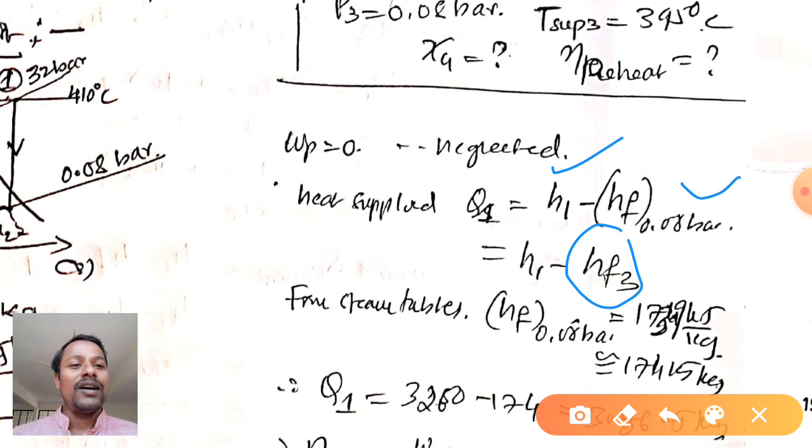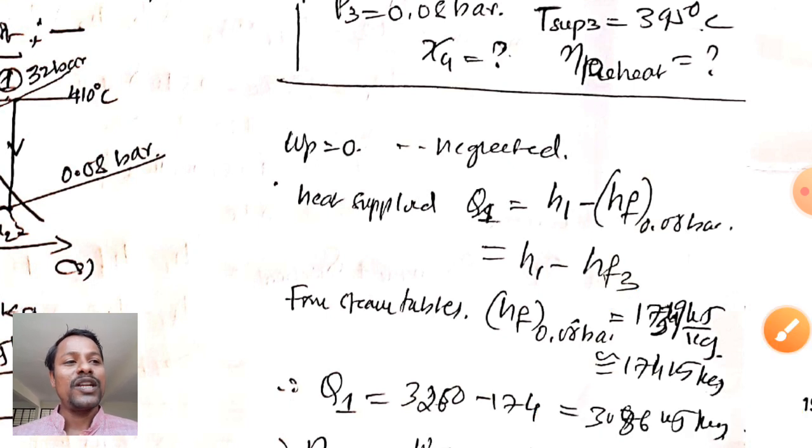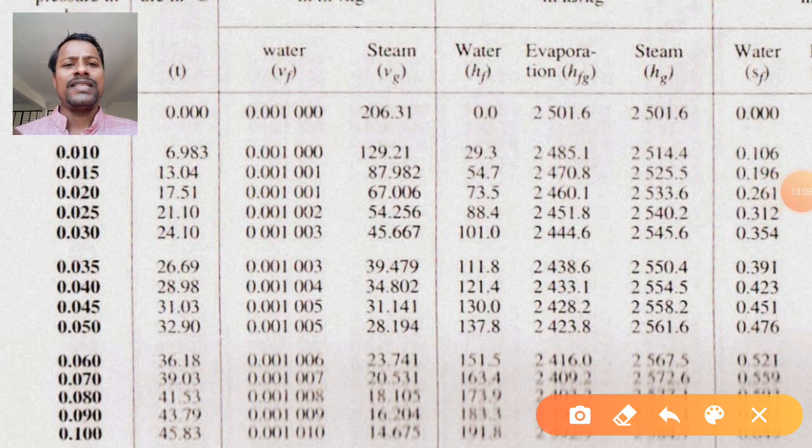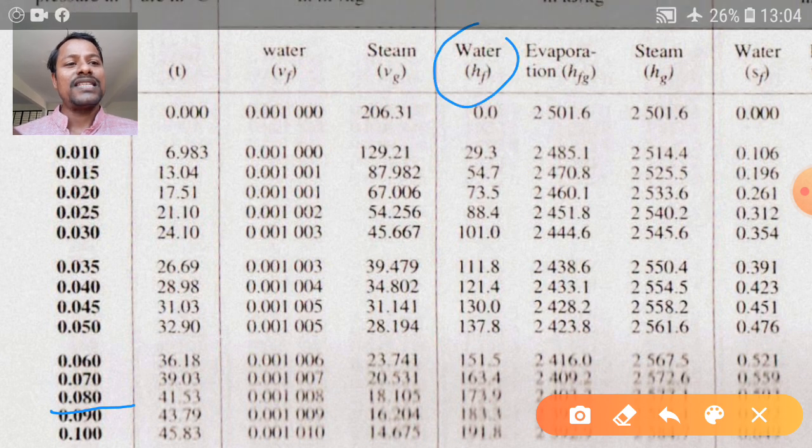For getting the HF value, that is the enthalpy of saturated liquid at 0.08 bar, we need to refer to the steam table. Let us read the values now. This is the 0.08 bar saturation pressure line. Against that I have the HF values.